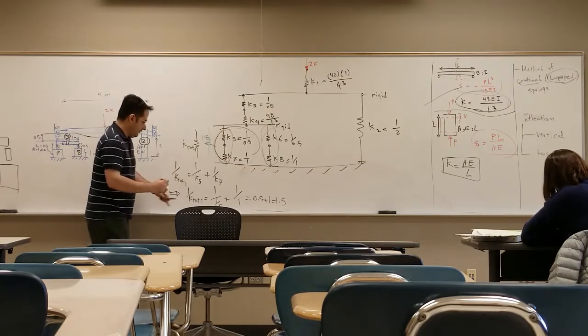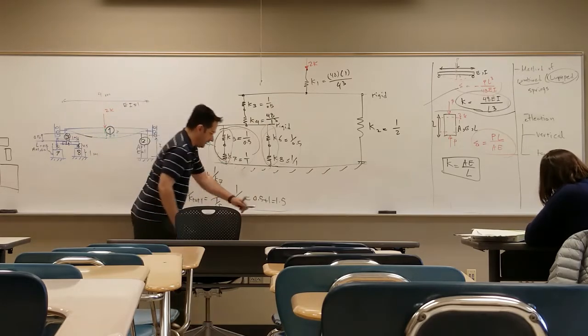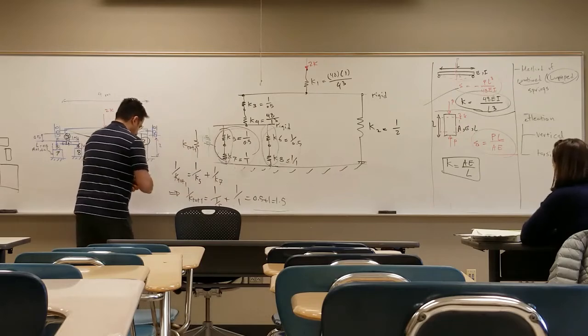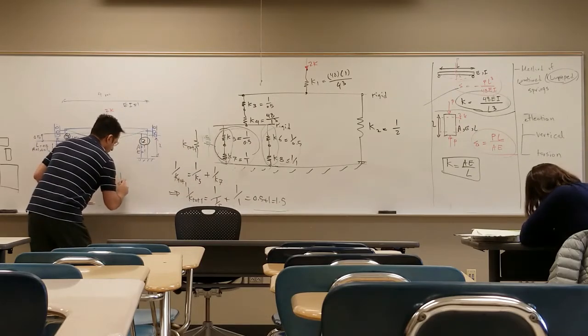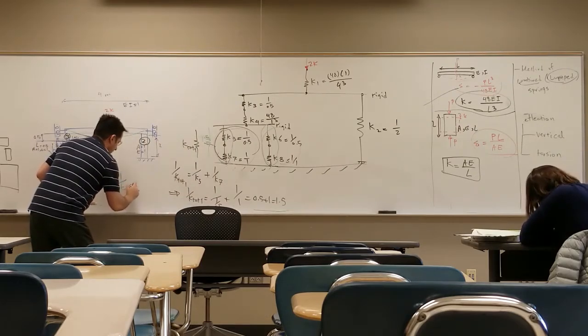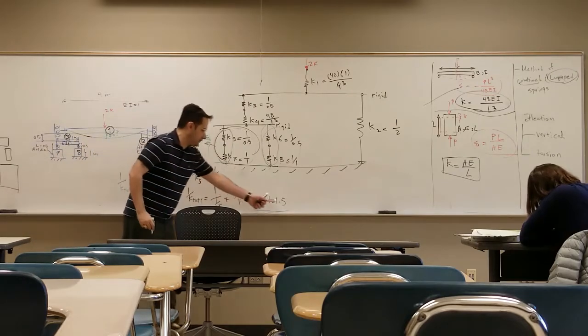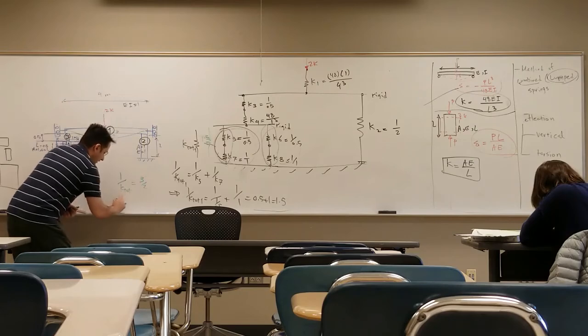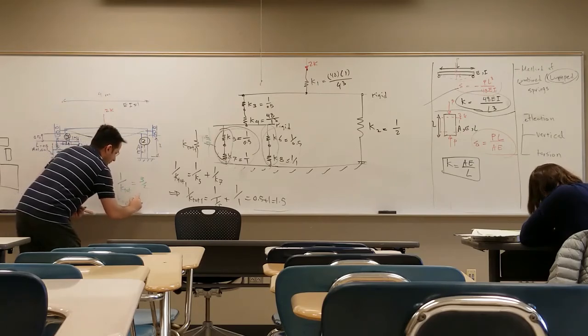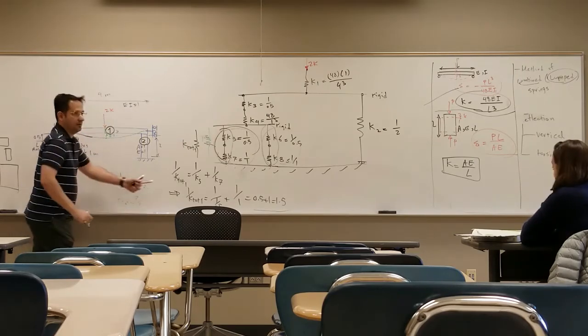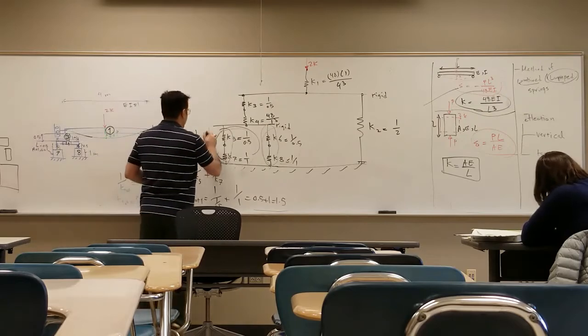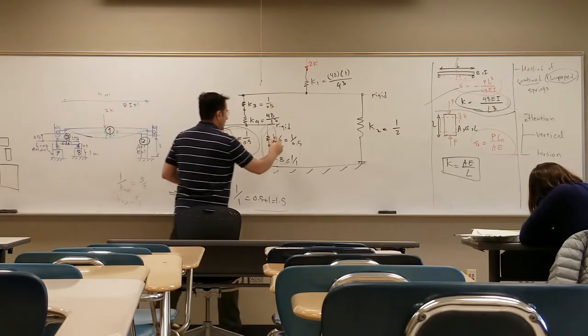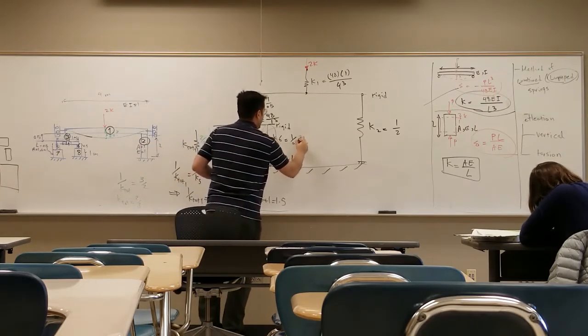Look, 1 over K total is 1.5. So what is K total? 2 over 3. You see 1 over K total? Nobody was paying attention. 1 over K total is 1.5, which is 3 over 2. So what is K total? 2 over 3. Don't forget to invert it. So the spring constant here is 2 over 3. This one is also 2 over 3.